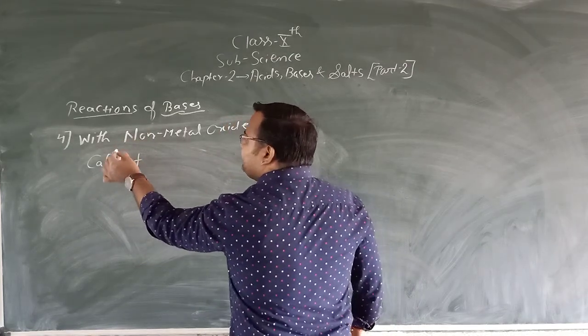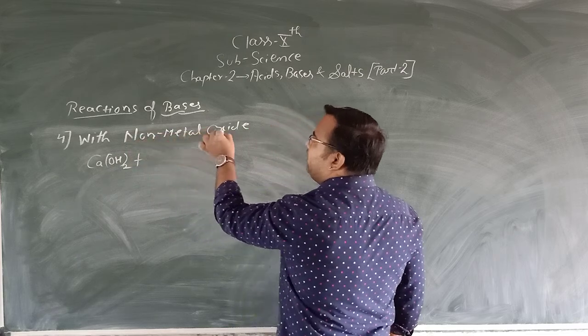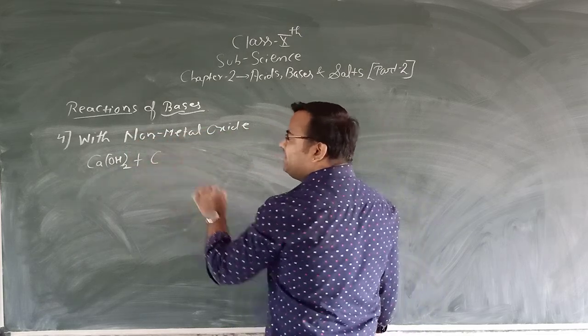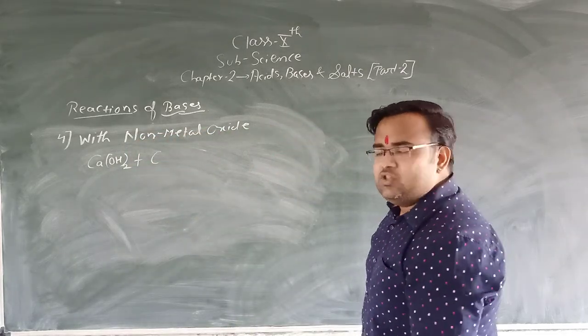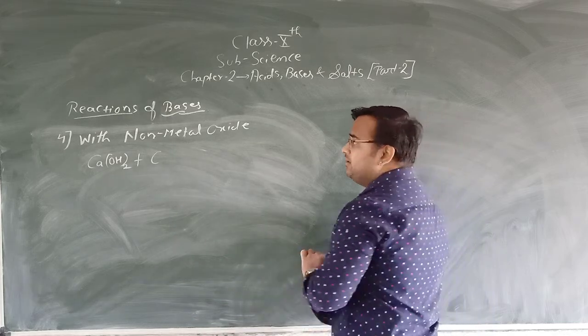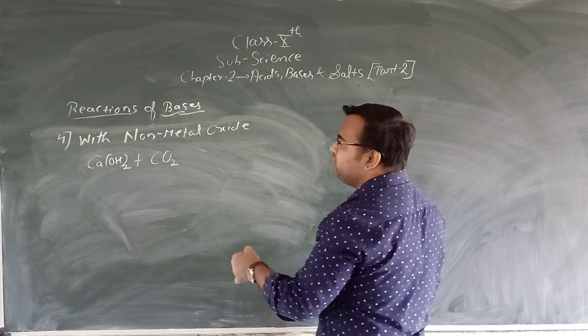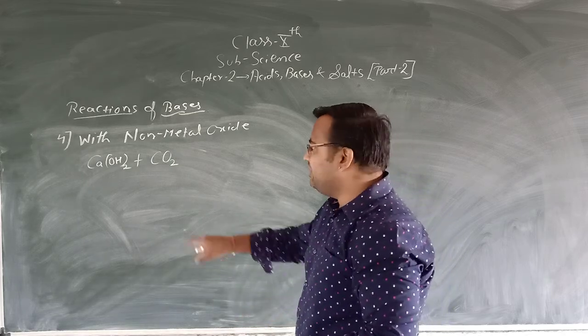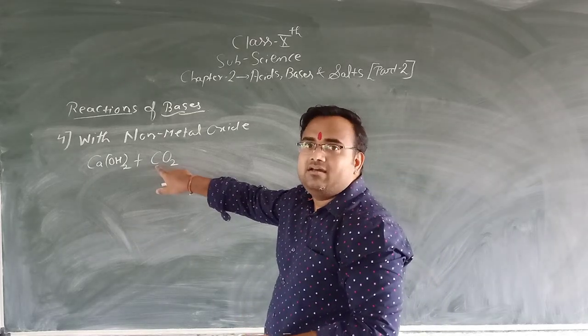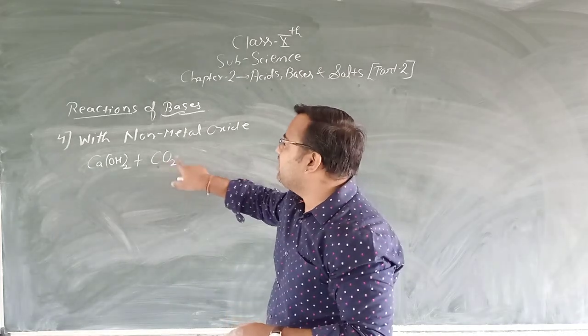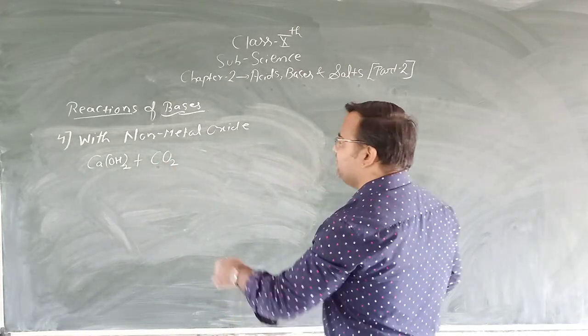Now the reaction is base with non-metal oxide. Carbon is a non-metal, atomic number 6. Now the oxide we can take is CO2. CO2 is a non-metal oxide. Carbon is a non-metal and it is combined with oxygen, so the compound is known as a non-metal oxide.